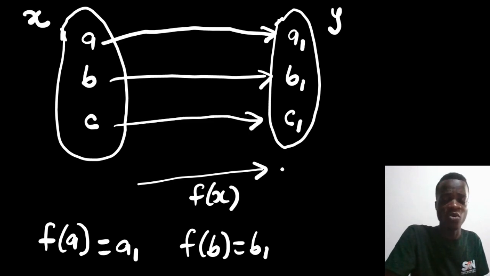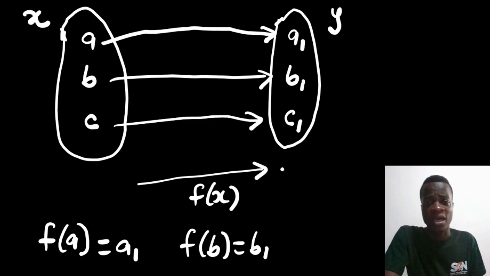You will see that in one-to-one functions, this guy cannot go and have this. It's not possible. It doesn't happen for a one-to-one function. Every input should have a distinct output, nothing else.